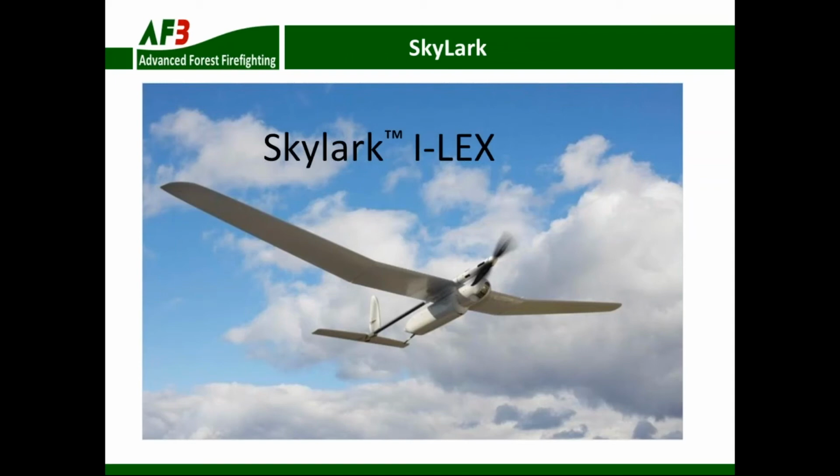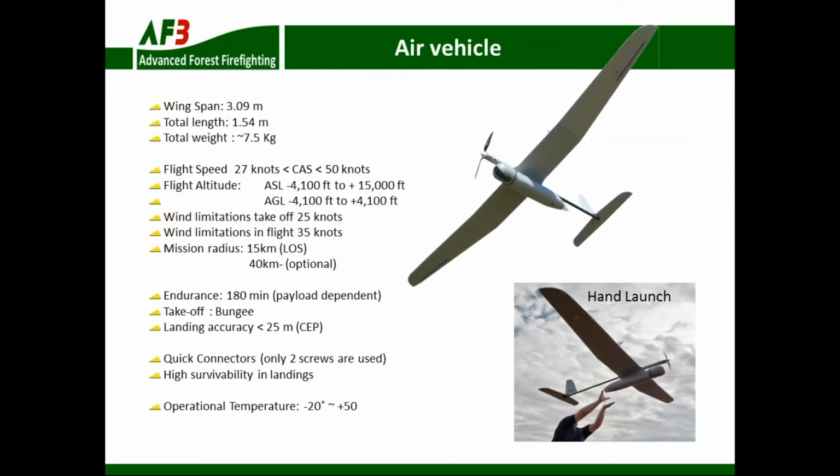We use the Skylark for the UAV. The Skylark is an Elbit production, and we used it in the last Israeli drill. As you can see, the Skylark has a wingspan of 3 meters and a total weight of 7.5 kilograms.